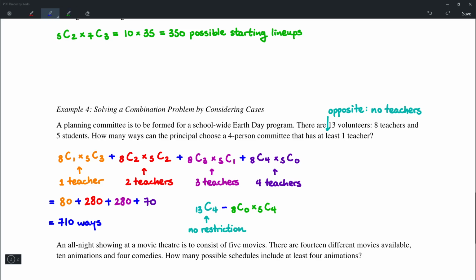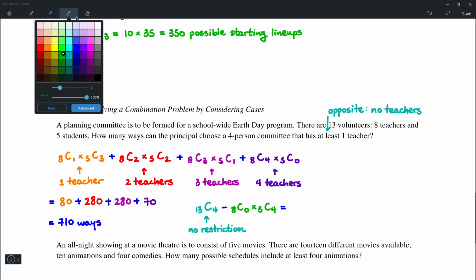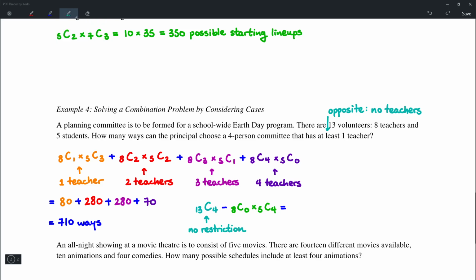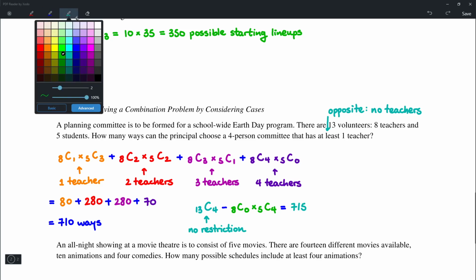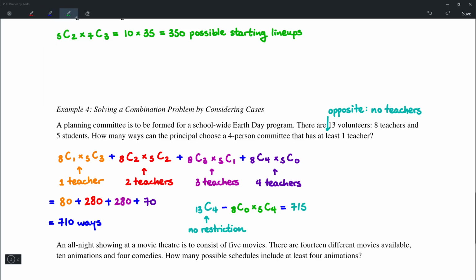From there, we can see that 13 choose 4, so that's the no restriction case, will give us 715 different committees. And there are only 5 committees with no teachers.